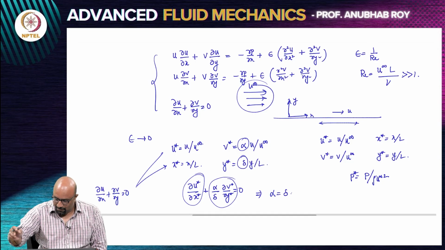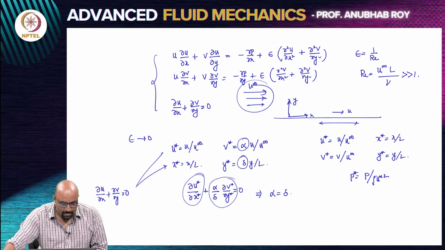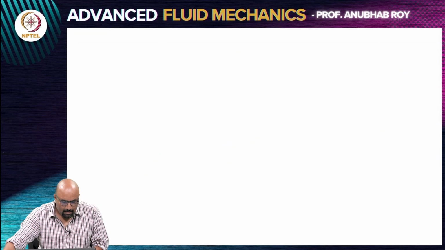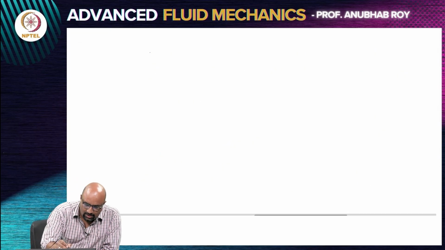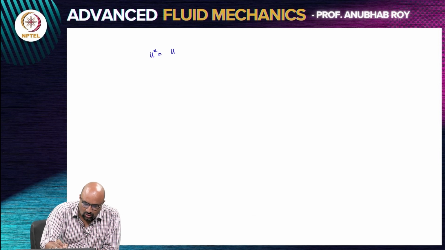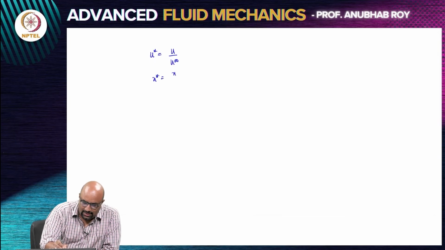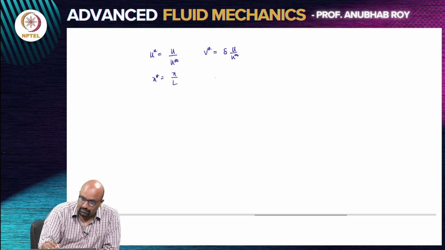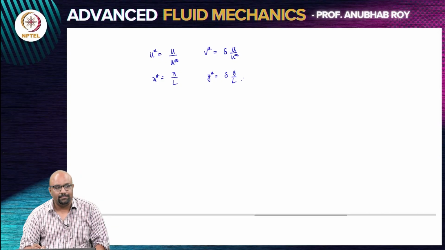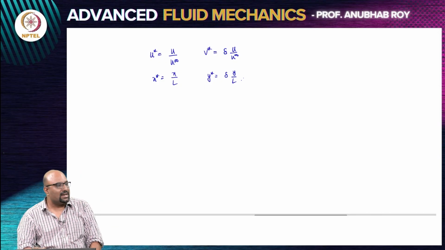That finally, my non-dimensional variables are: u star is u by u infinity, x star is x by L, v star is delta v by u infinity and y star is delta y by L. This will satisfy mass conservation.